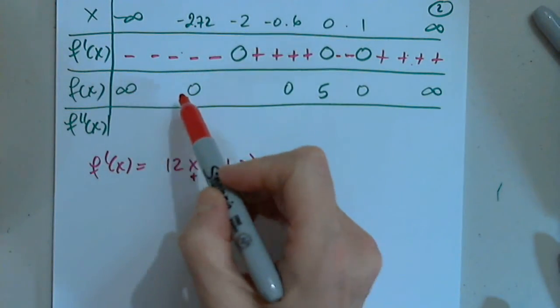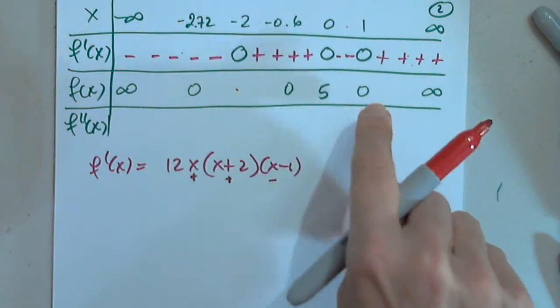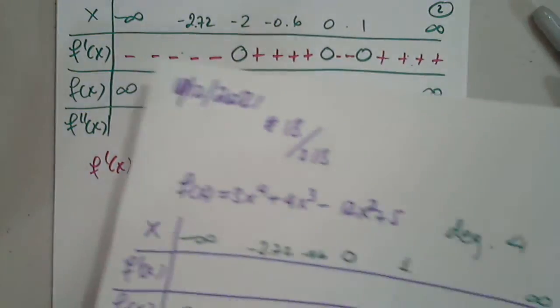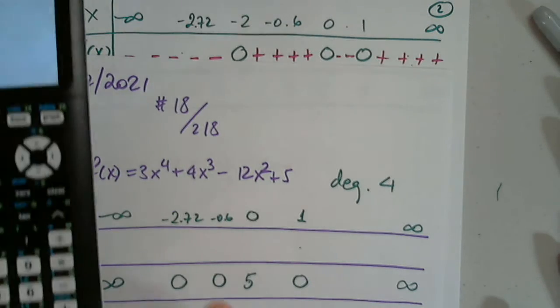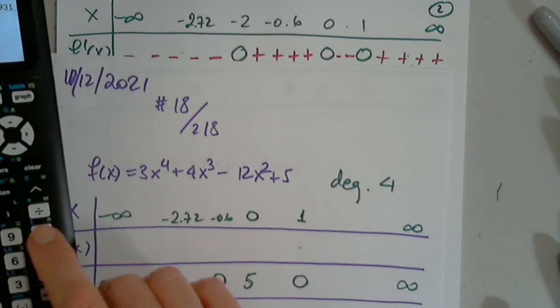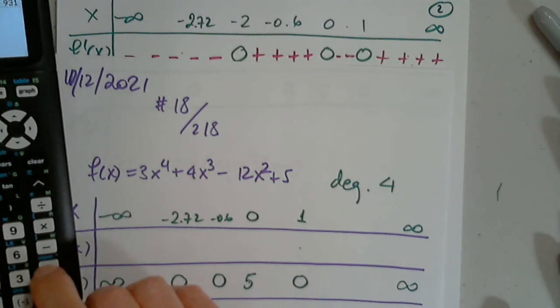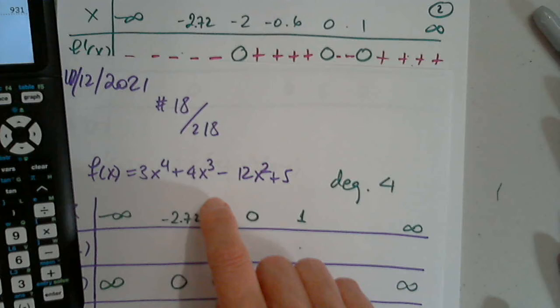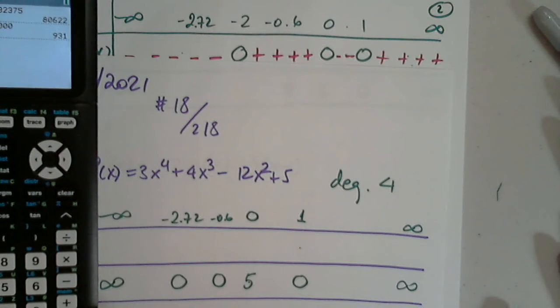From infinity to, oh, I have to determine this value here. I have everything else. So plug in -2. I put my calculator away for no reason. So 3 multiplied by -2 to the 4th, which is 16, plus 4 multiplied by -2 cubed, which is -8. Put it in parentheses, please.